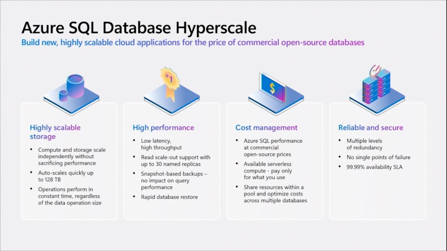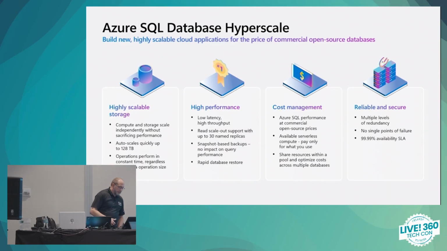Essentially, it's still the same SQL Server engine, but we do a lot of fancy things with page servers and compute servers under the hood to allow you to scale your databases all the way up to 128 terabytes, or less if you need it. You get low latency, high throughput, and read scale support with 30 named replicas if you'd like, so you can have named replicas all over the world.